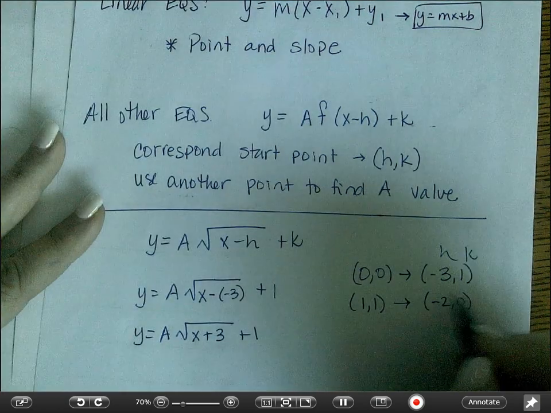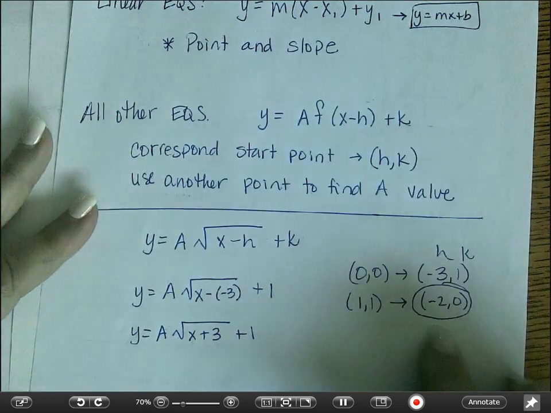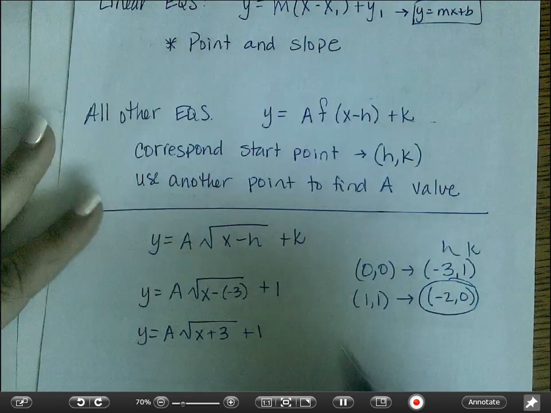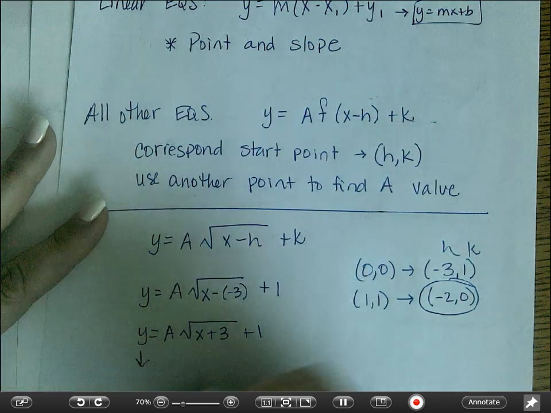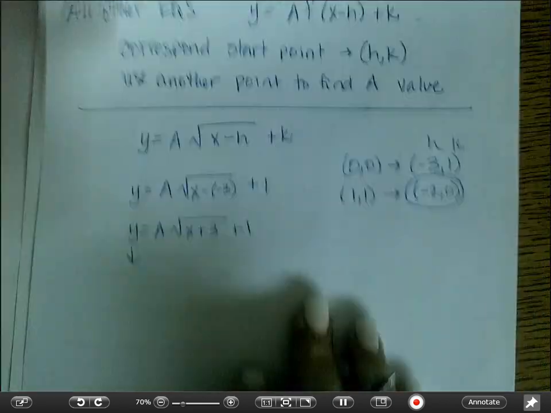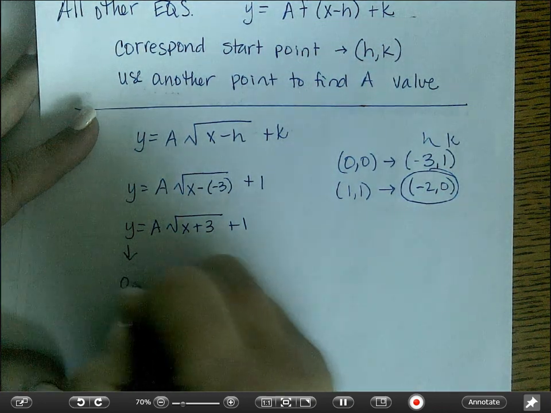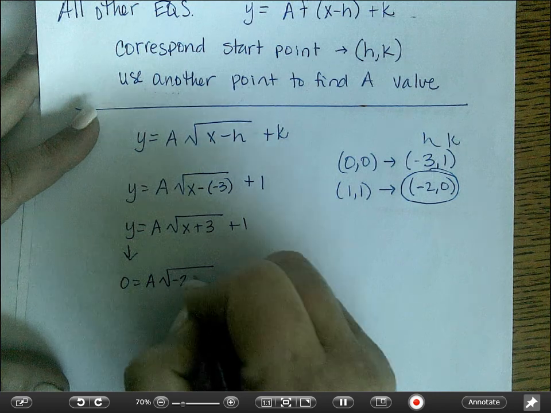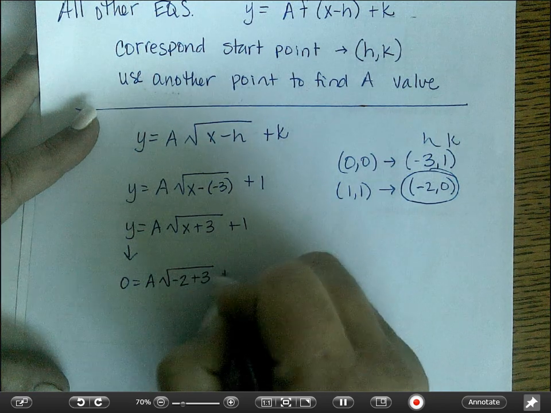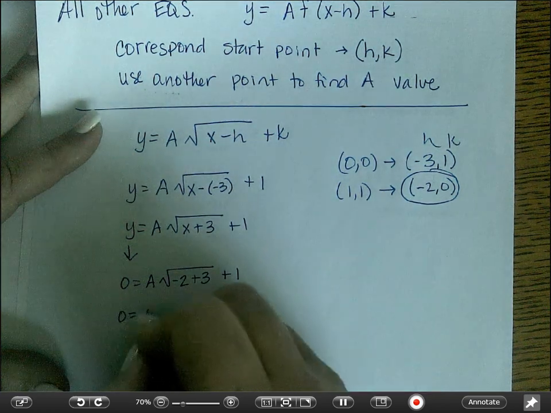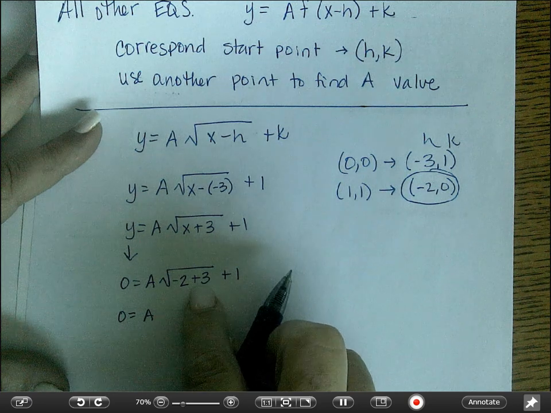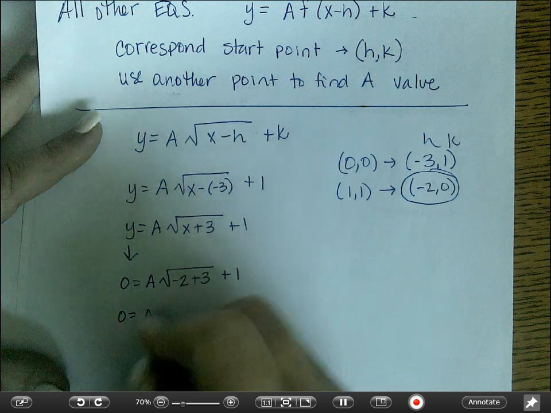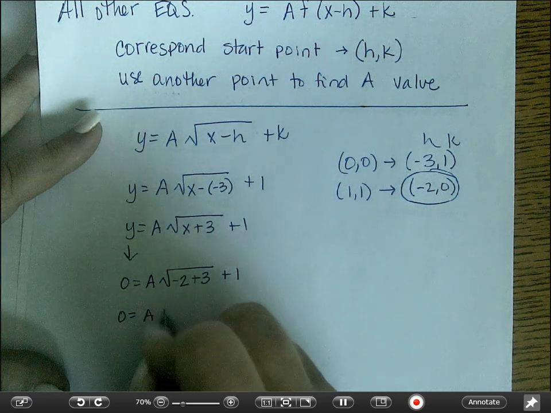So all I'm going to do is use this new point, negative 2, 0, and replace it with the x and the y. The y in this case is 0. The x in this case is negative 2. I've got the plus 3 and the plus 1. So negative 2 plus 3 is 1. The square root of 1 is 1. 1 times a is a.